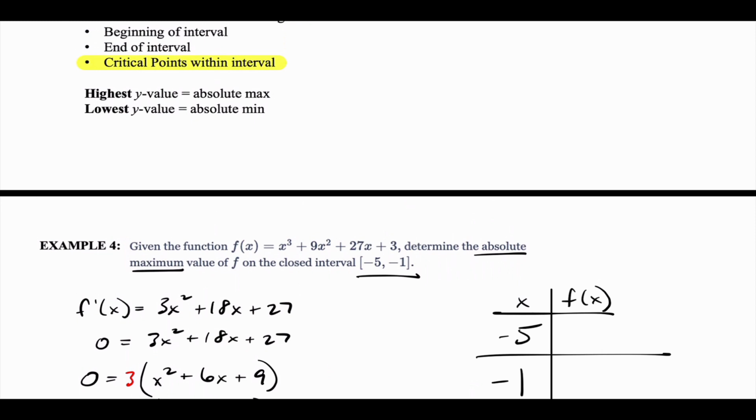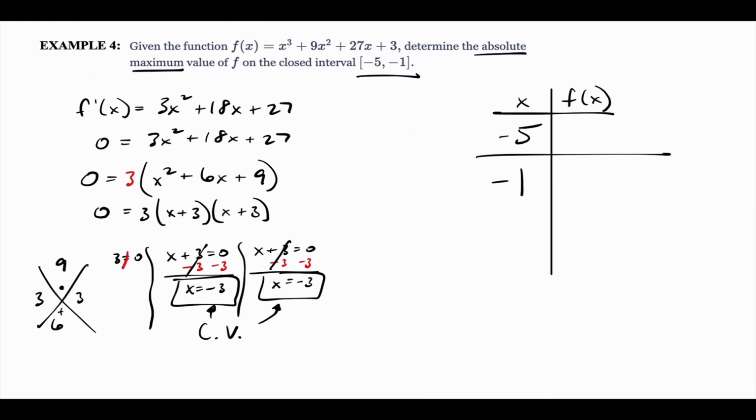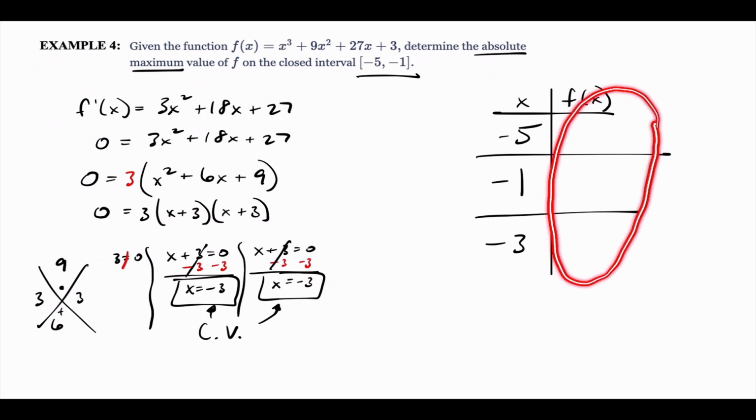So did I get a critical value inside the interval? Yeah, -3 was inside the interval, right? Whichever value over here gives me the highest value, that's going to be the absolute maximum. Whatever value gives me the lowest is going to be the absolute minimum.